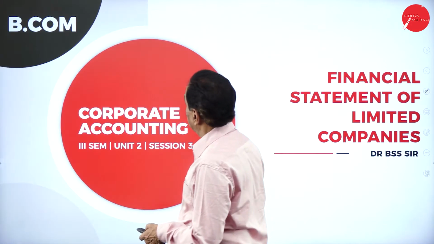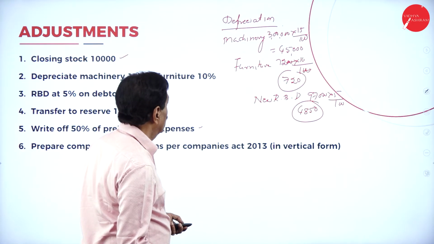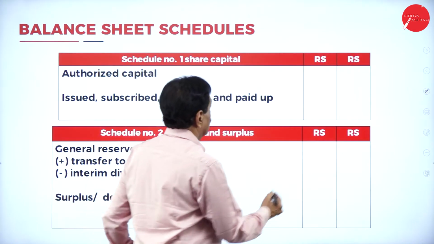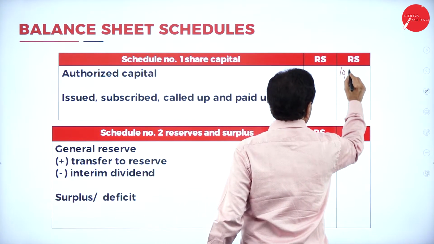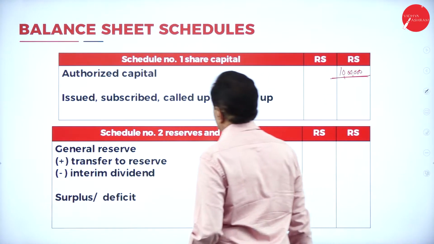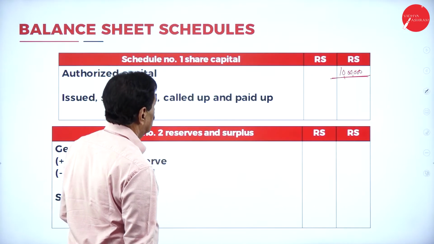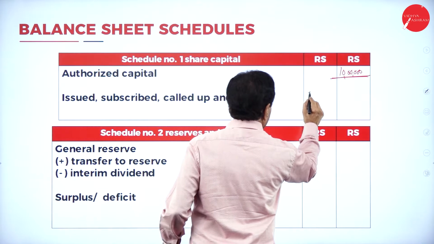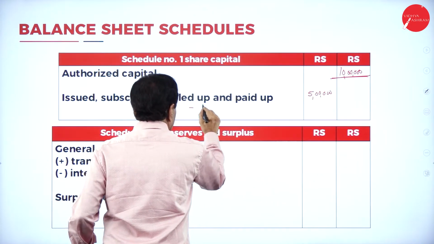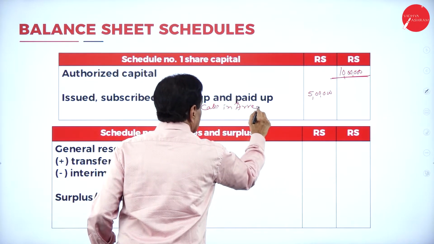What's your authorized capital? Company has authorized capital of 10 lakh. Issued, called up and paid up. Issued capital here 5 lakh minus calls in arrears.